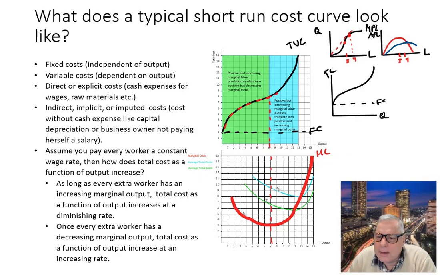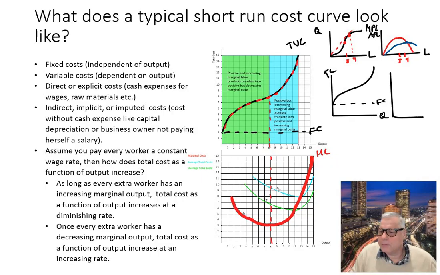But then the slope picks up again and gets steeper and steeper. So that's why the marginal cost function looks U-shaped. Okay.